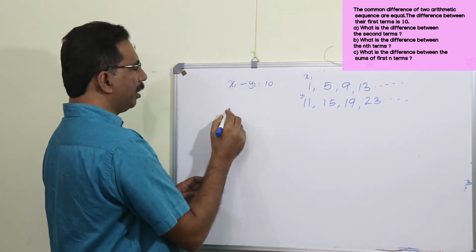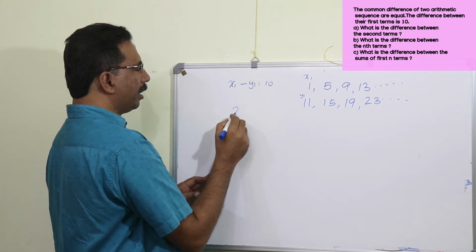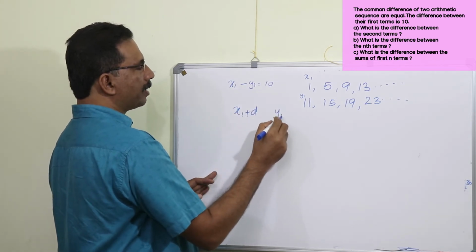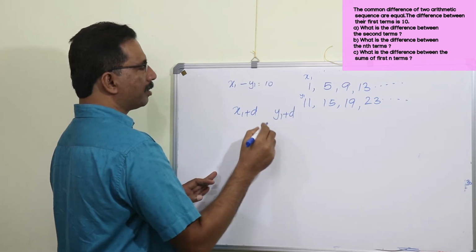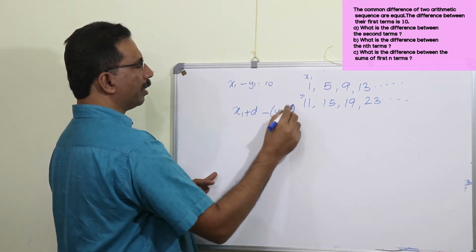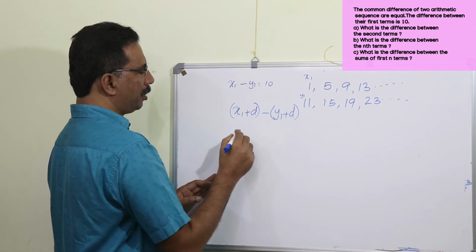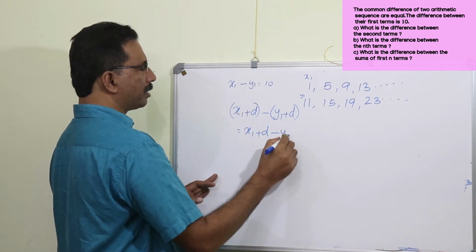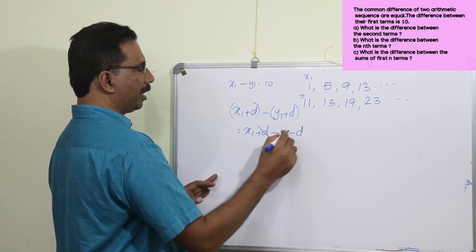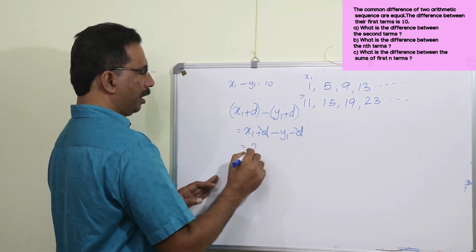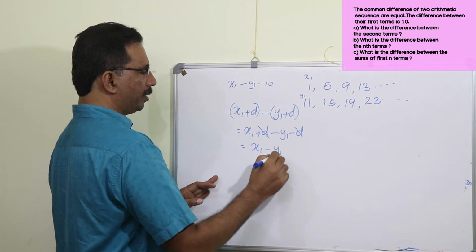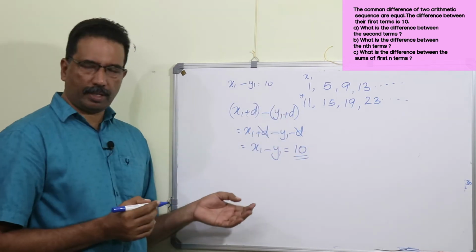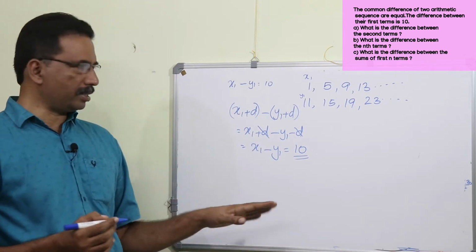Or in general, x1 plus d is the second term and y1 plus d is the second term of the second sequence, and the difference between them is x1 plus d minus y1 minus d. We can cancel these two, that is x1 minus y1, which is given as 10. Okay, difference of the second terms is also 10.